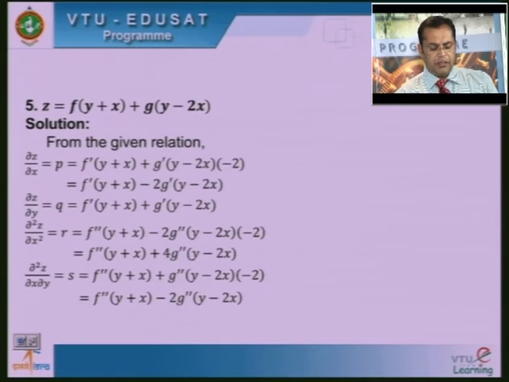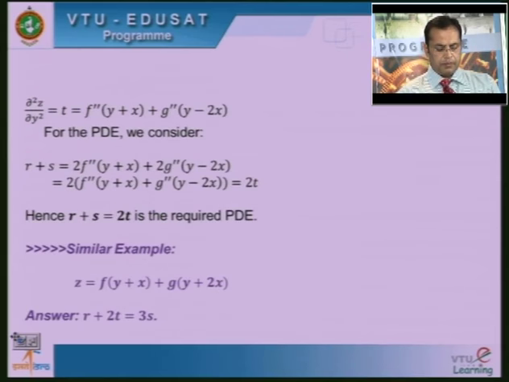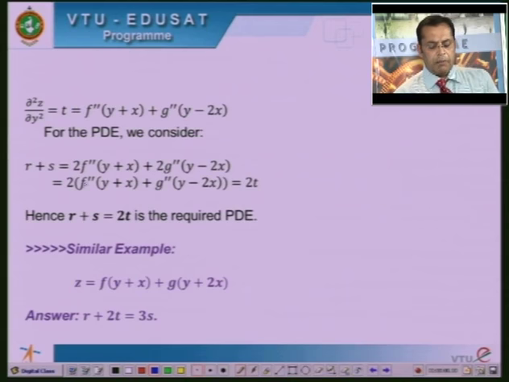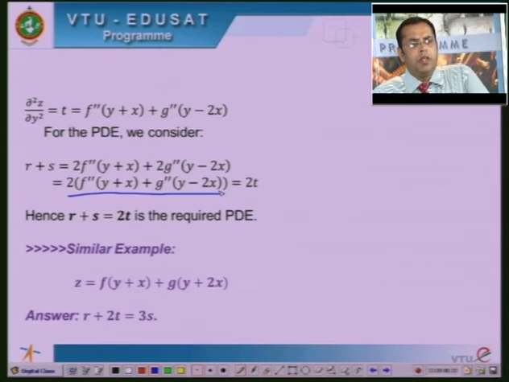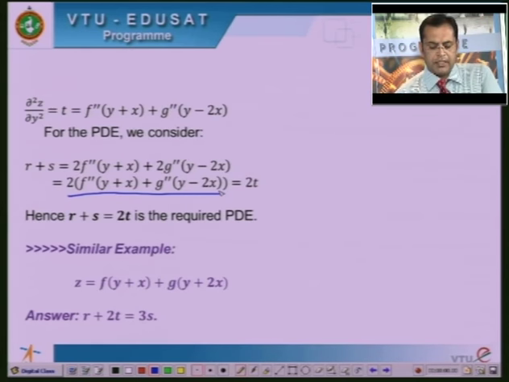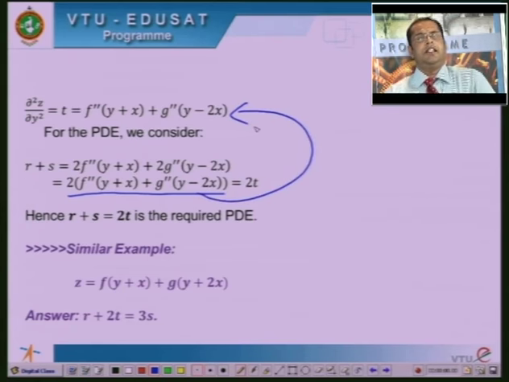That is because you have two f double dash terms here, so f double dash plus f double dash is 2 f double dash. Then you have 4 g double dash minus 2 g double dash, which is 4 minus 2 equal to 2. So, r plus s has a common factor 2. Taking the common factor 2 outside, you are left with 2 into f double dash of y plus x plus g double dash of y minus 2x, which you can see is t that was obtained earlier. So, it becomes 2t.